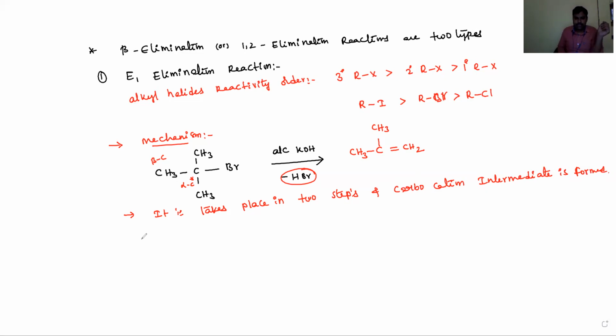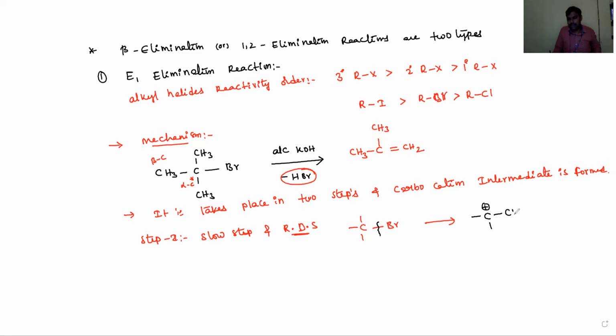Now, the first step is the slow step, the rate determining step, RDS. The tertiary alkyl halide undergoes heterolytic cleavage of the carbon-halogen bond to produce the more stable tertiary carbocation.